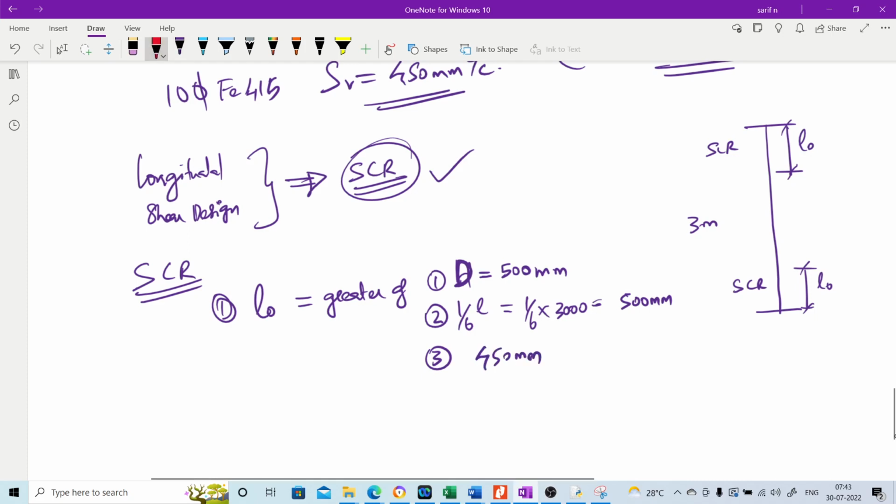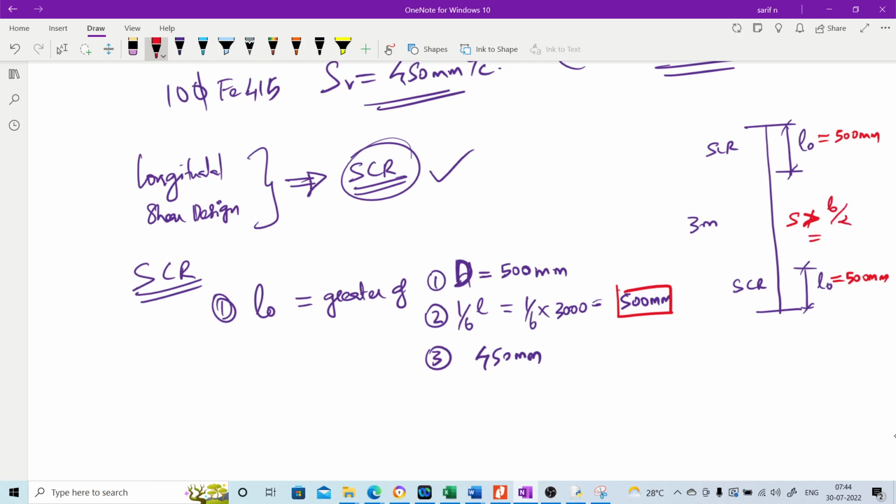So of three, the greater value is 500 mm. So the value of L0, that is the region up to which we have to provide special confining reinforcement, is 500 mm.